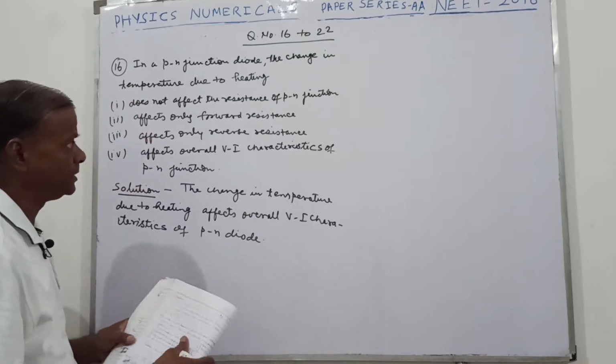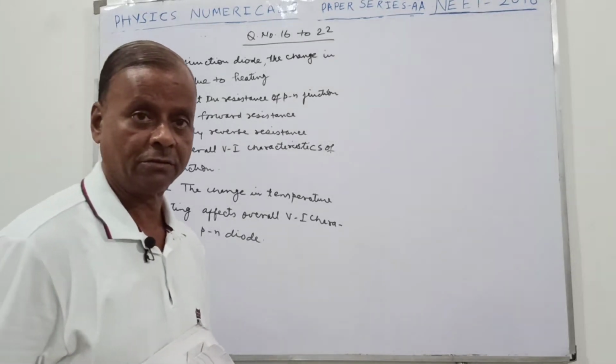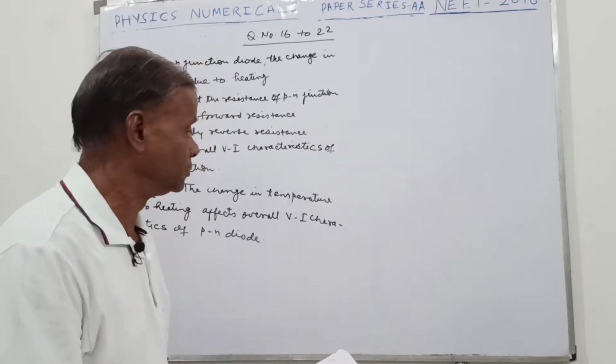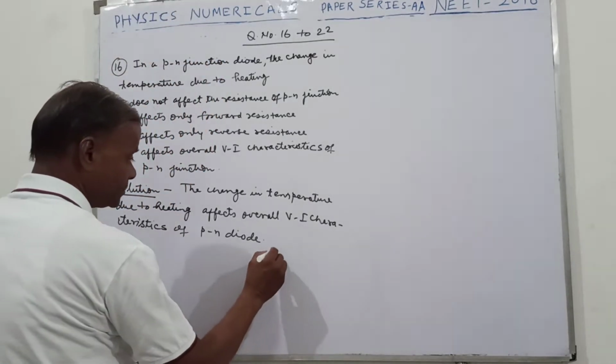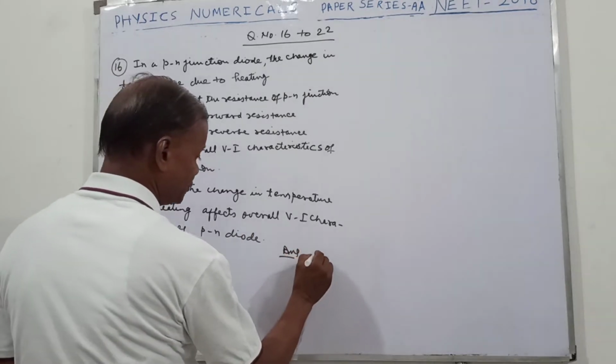So this does not mean that it will affect only the forward bias or reverse bias, or that it does not affect the resistance, but it affects overall. So our answer is the fourth option.